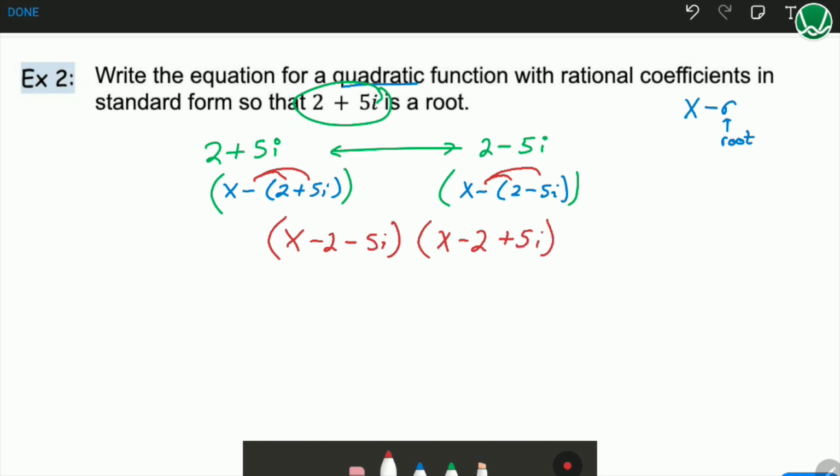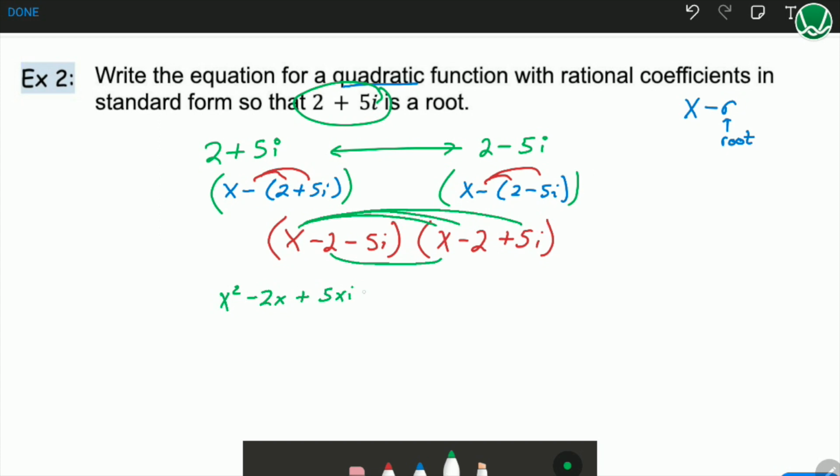Now with these two roots, since the roots are conjugates, they should in some way have middle terms canceling out. But it's not something you actually see very often, so we're going to go ahead and distribute things the long way here. X times x, we have x squared. X times my negative 2 is negative 2x. X times 5i is 5xi.